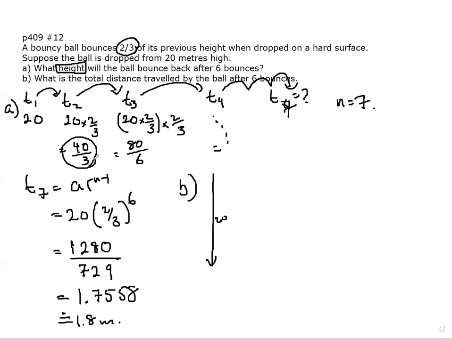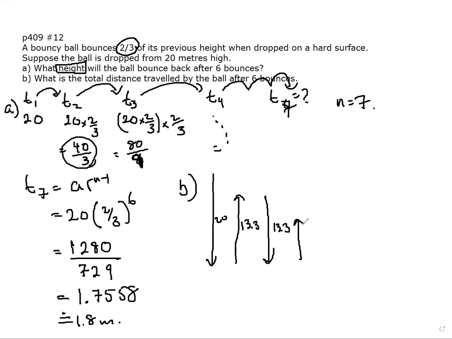And the second distance is 13.333. It shows that I traveled back up 13.3 before I fell again 13.3, right? And then the next one, 80 divided by 9.